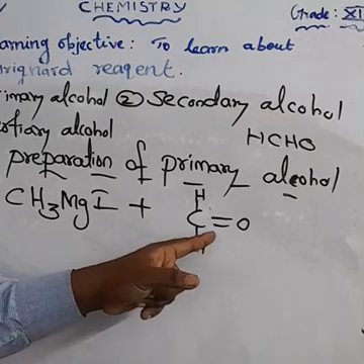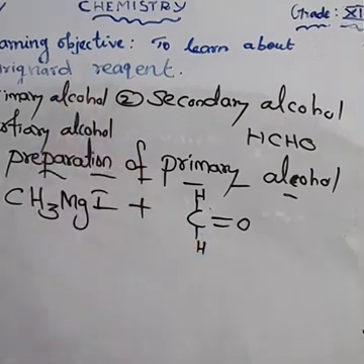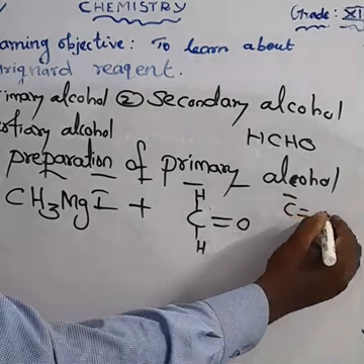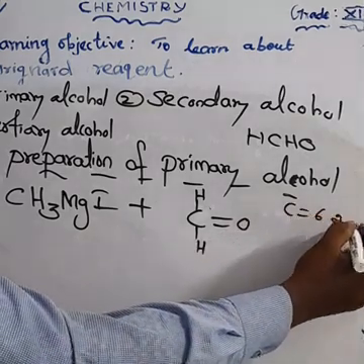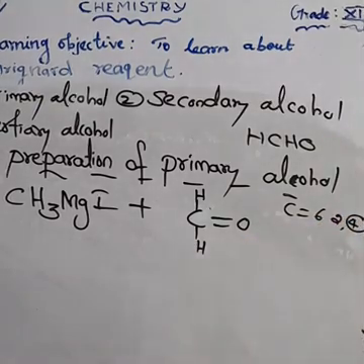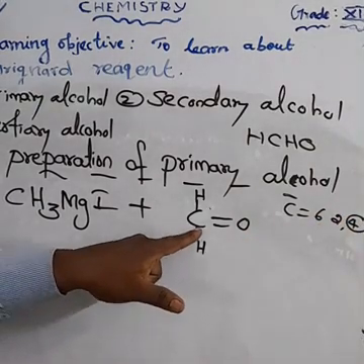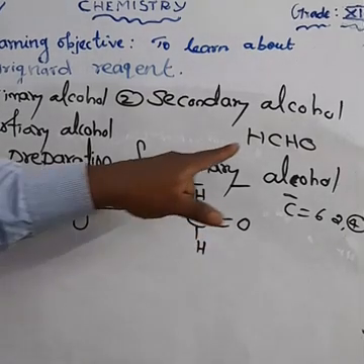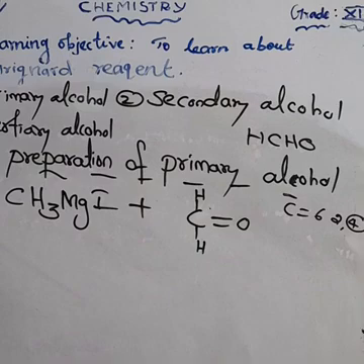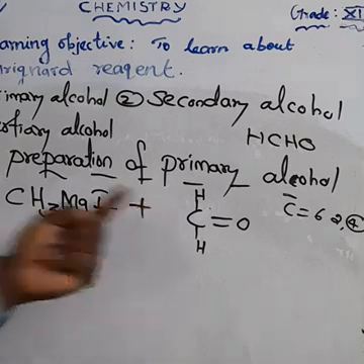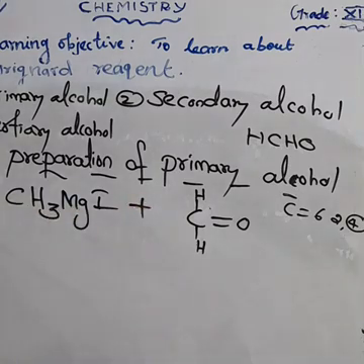Carbon valence is 4, all of you know that, because the atomic number of carbon is 6. First shell is 2 electrons, second 4 electrons. So valency of carbon is 4. So here we are using 4 bonds, 1, 2, 3, 4. What is the formula for formaldehyde? HCHO, formaldehyde.